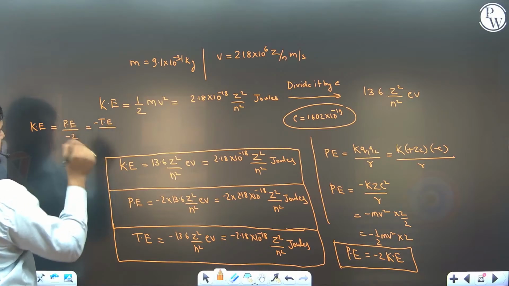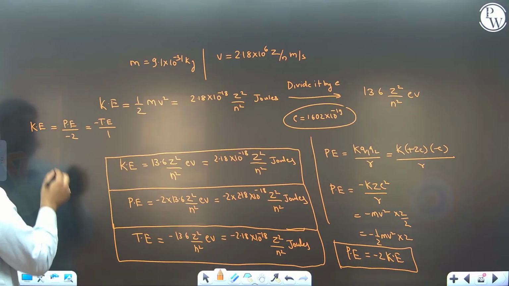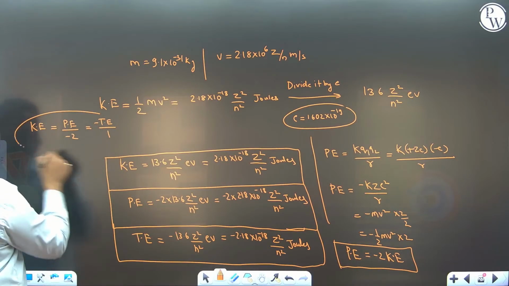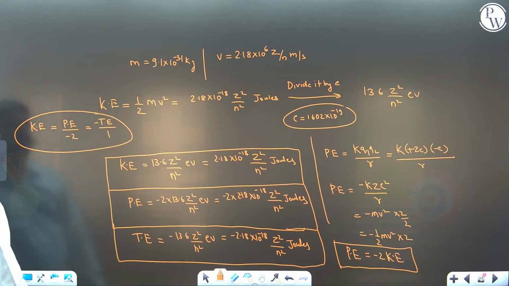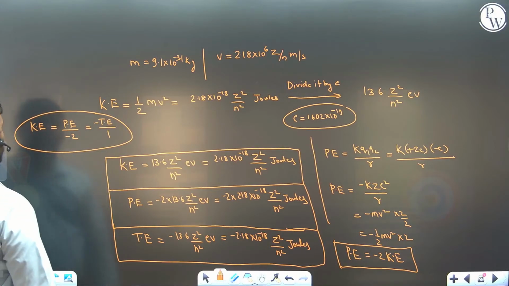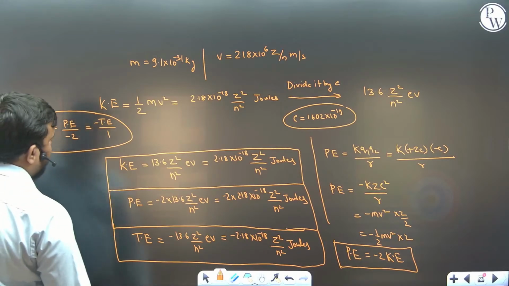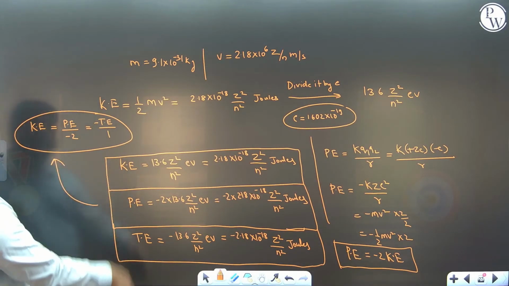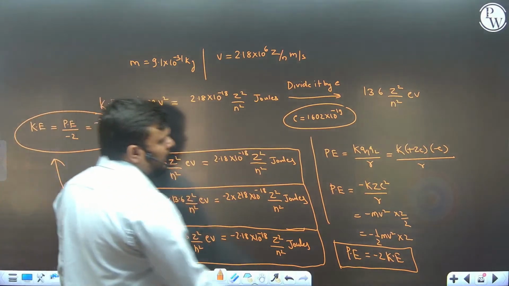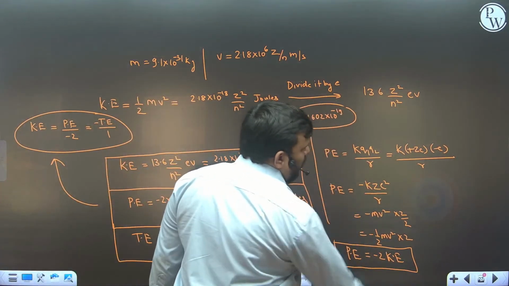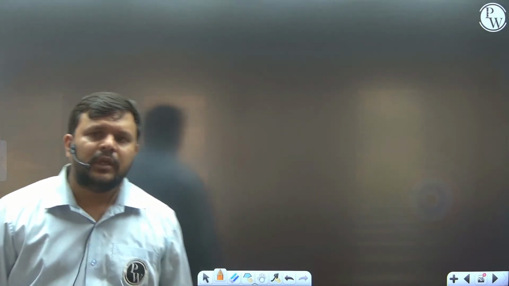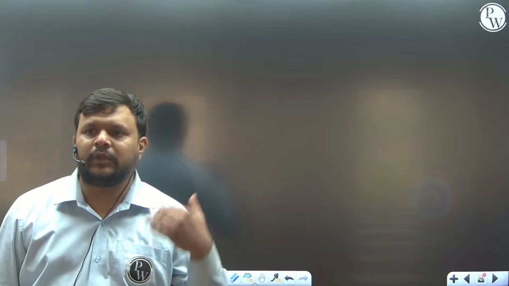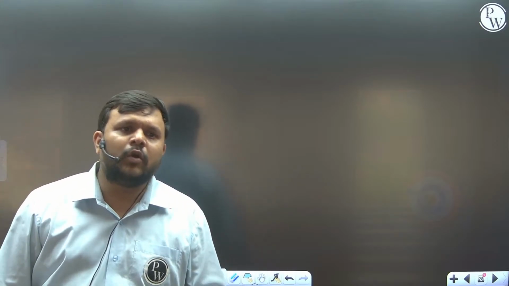So you can see this is the relation between kinetic energy, potential energy and total energy. You can remember it, and you can get this from these three equations. So these are the important Bohr model formulas. There are many more formulas depending on which question they are asking.